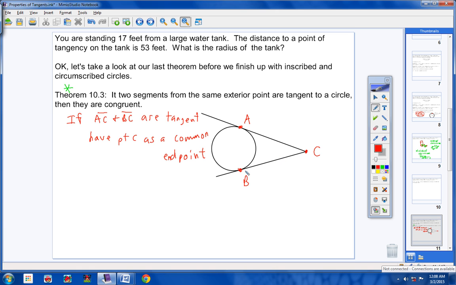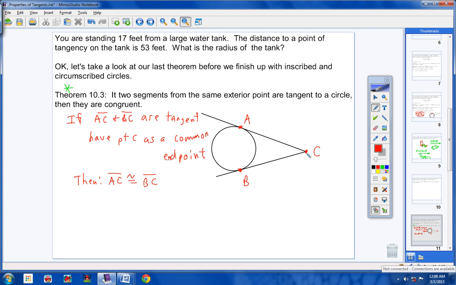If AC and BC are tangent and they have point C as a common endpoint, then, now watch this carefully, segment, not line, segment AC is congruent to segment BC. Okay? Segment AC is congruent to segment BC.